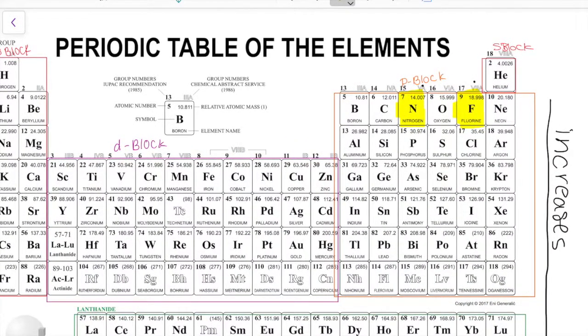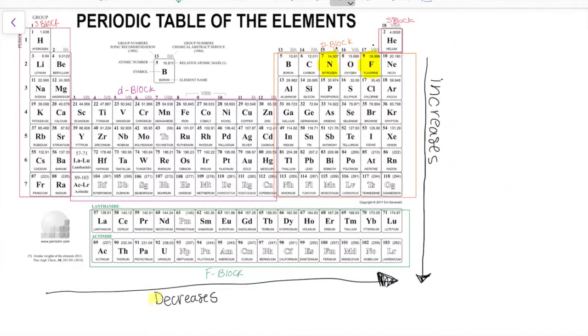You'll see that nitrogen comes first, then fluorine. So the leftmost element would be nitrogen, the rightmost would be fluorine, which means nitrogen would be the larger of the two elements.